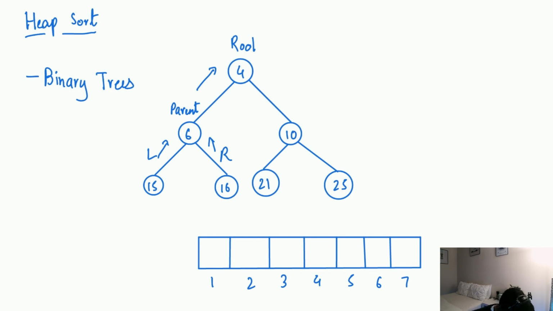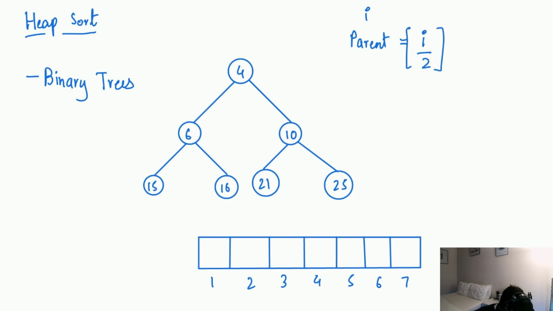Essentially, if you were to look at this data structure represented as an array, we would fill it up using some properties. Starting with the parent node: given an index I, the parent node for that index I is always going to be at I by 2.